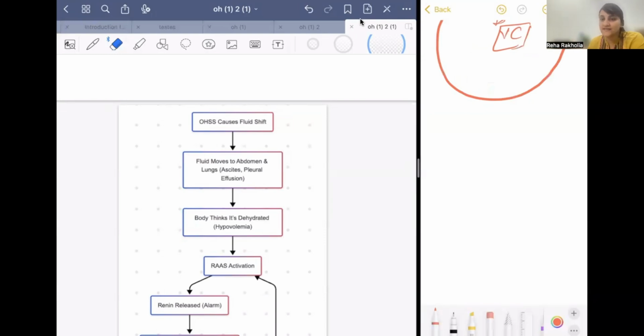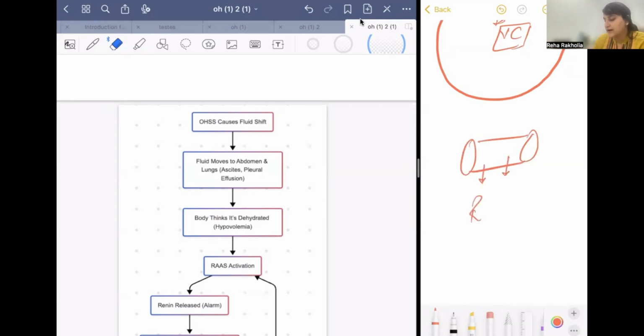That's why it is activating the RAS system. But actually, water is there, but water is leaking, because of which the body falsely thinks that there is less water in the body. So there is a leakage. Though there is water, there is water leakage.